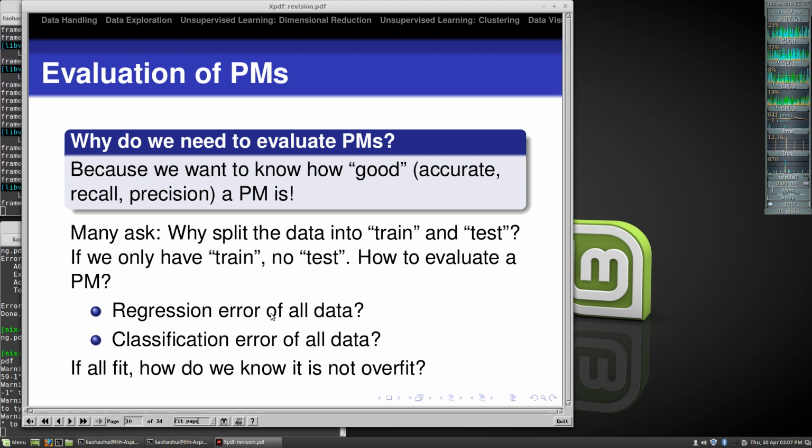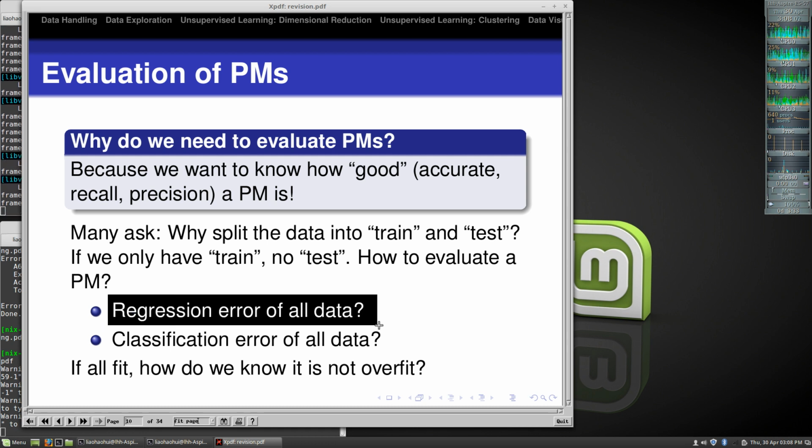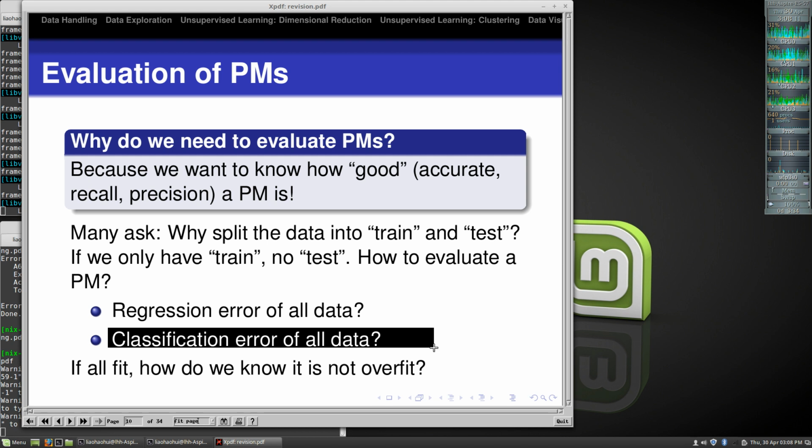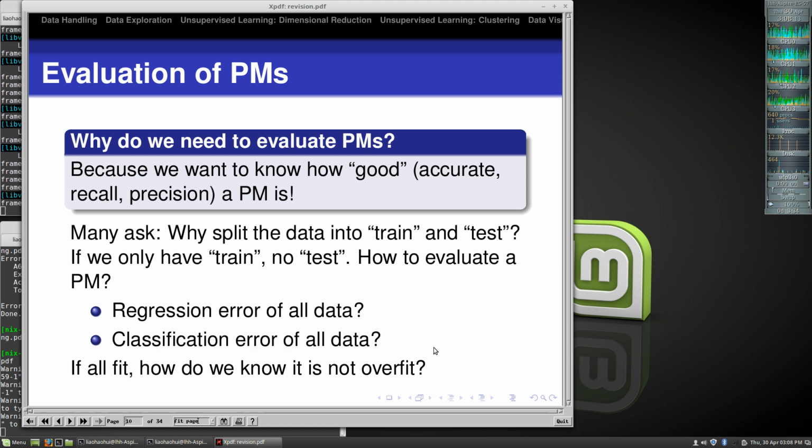Well, the main problem is that, unlike regression, where we actually have a regression error to see how well it's fitting, classification problems are in general somewhat nonlinear.